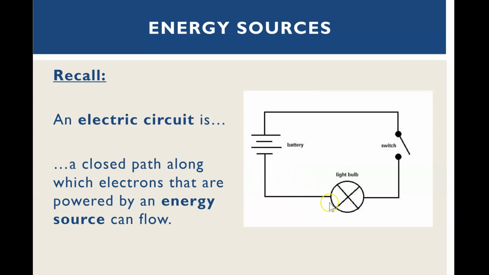They will move through the wires and go around until they get to the positive terminal, because electrons are attracted to positive charges. Like charges repel, whereas opposite charges attract.